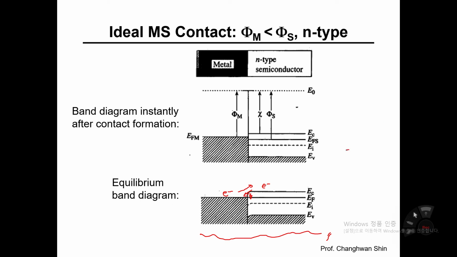That is the main reason why, if you have any chance to measure the IV characteristic of this ohmic MS contact, in this direction the current is linearly increasing as voltage is increasing linearly.